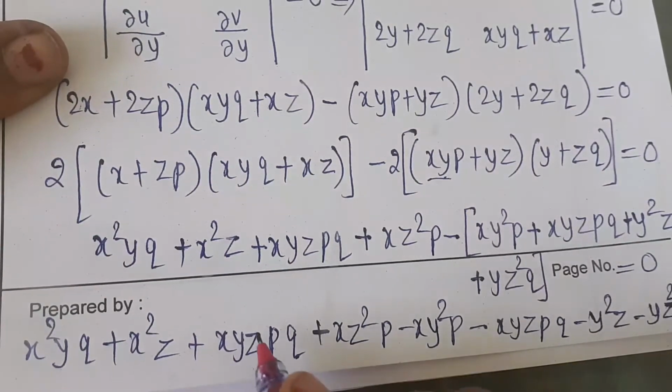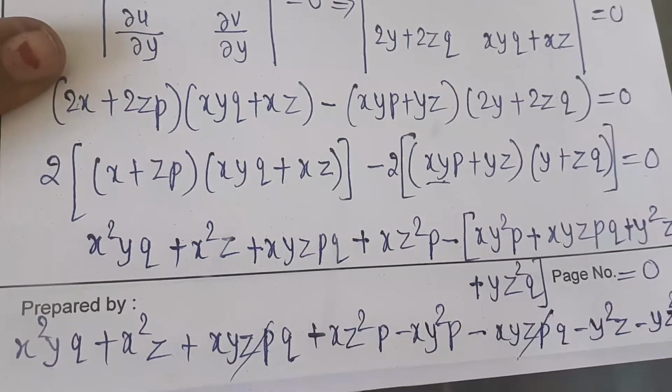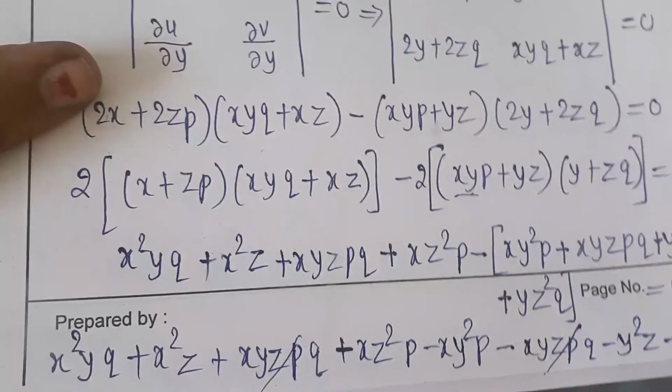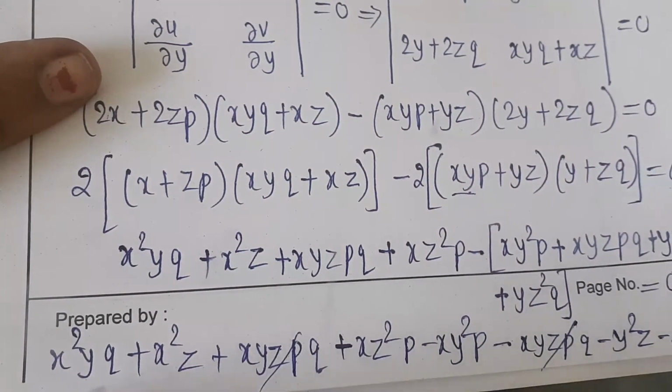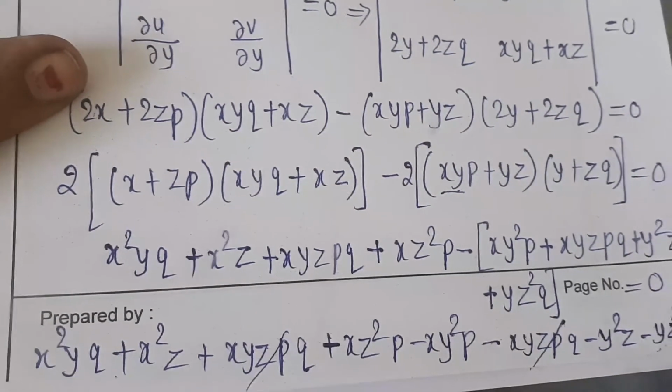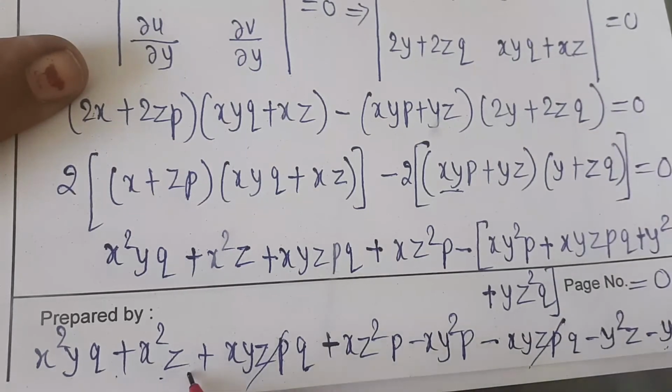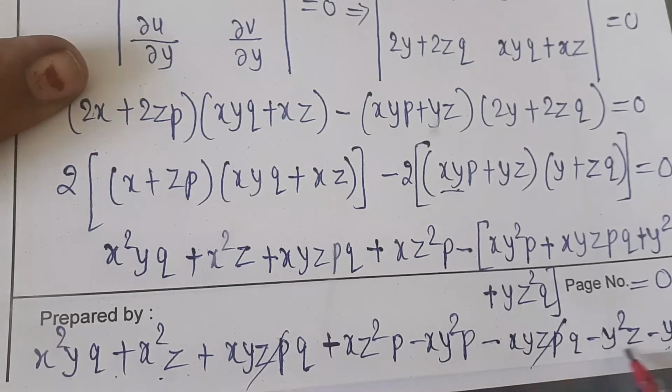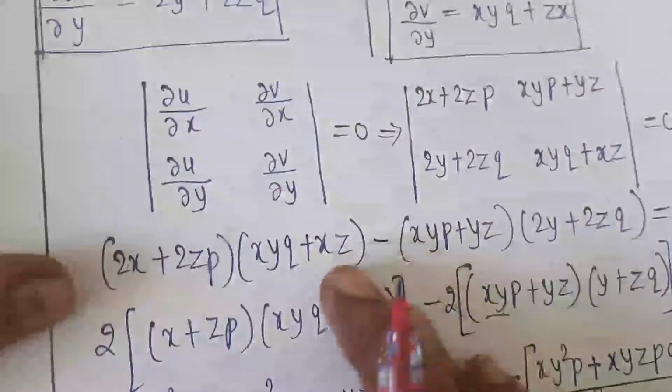Now which term will get cancelled? xyz pq and xyz pq get cancelled. Is there any other term which gets cancelled? x square yq and yz square q, no. Then x square z and y square z, so no term will get cancelled.